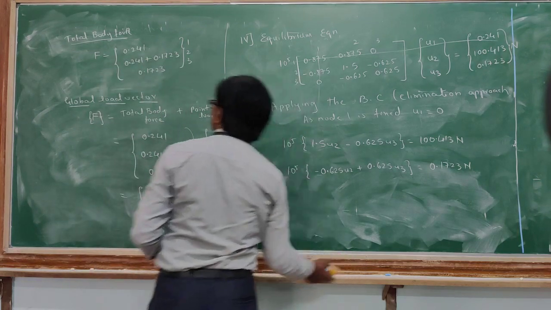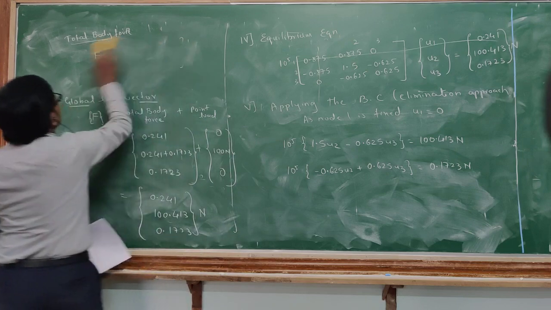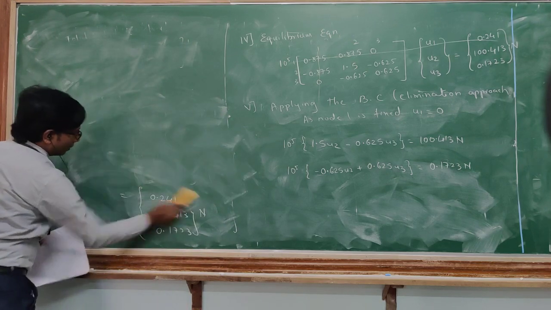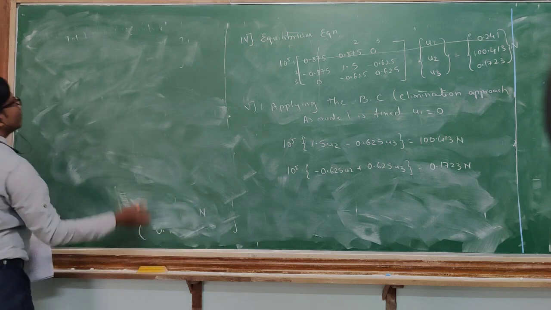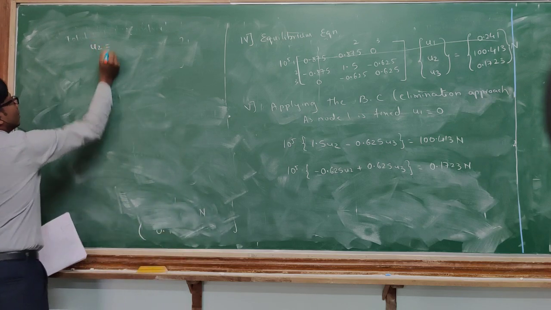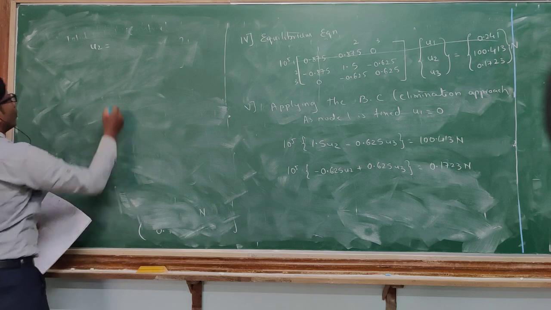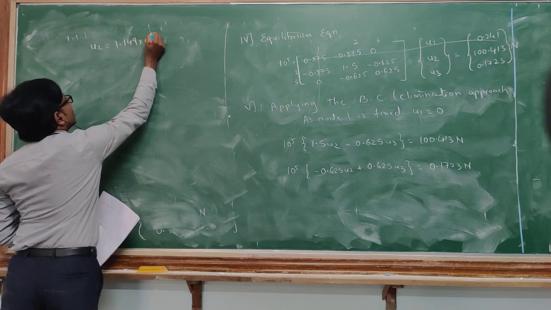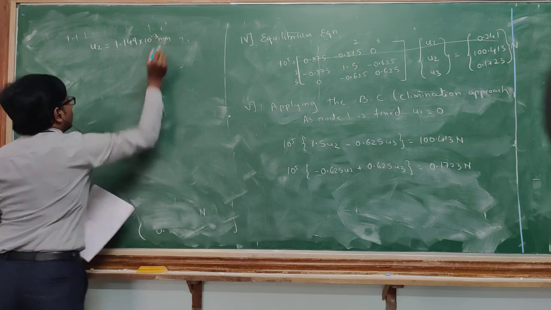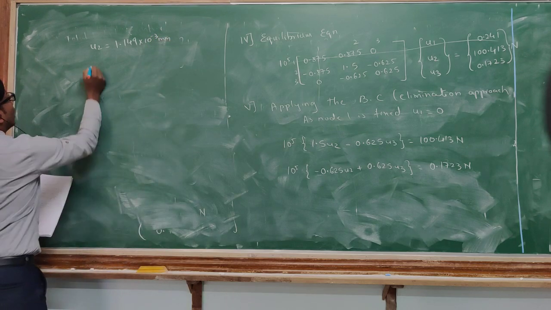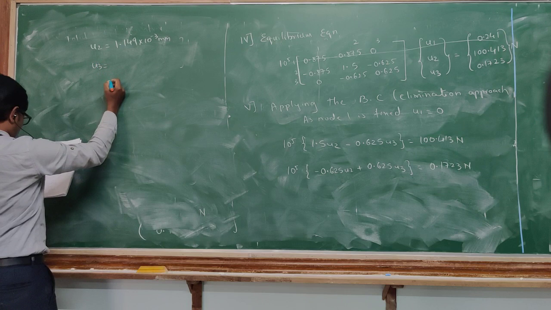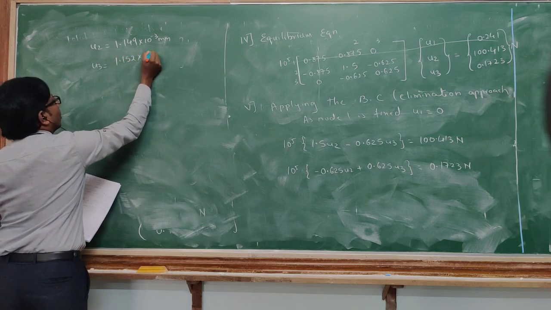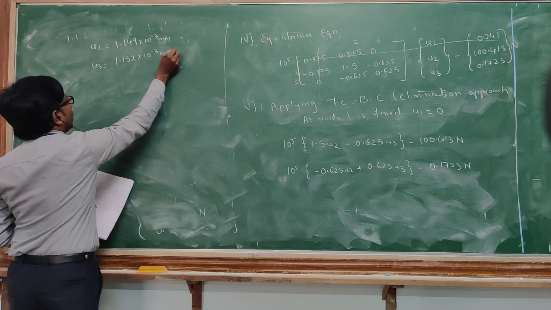If you solve for u2 and u3 here, you will get u2 as 1.149 into 10 to the power minus 3 mm, and u3 as 1.152 into 10 to the power minus 3 mm.